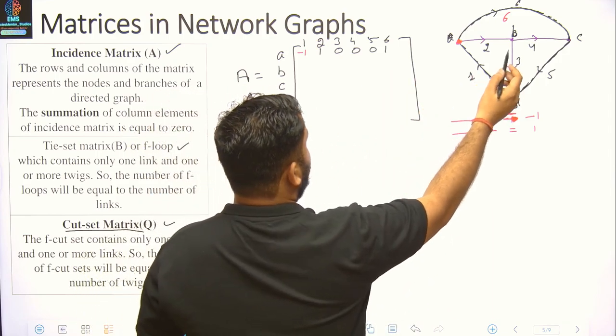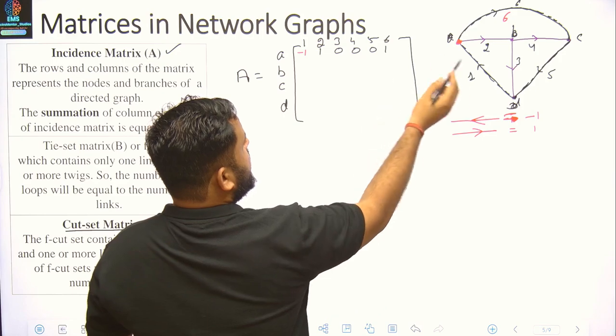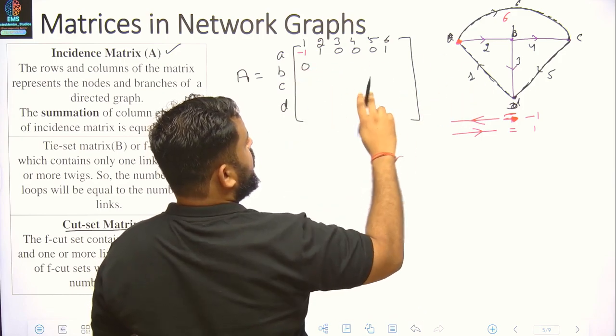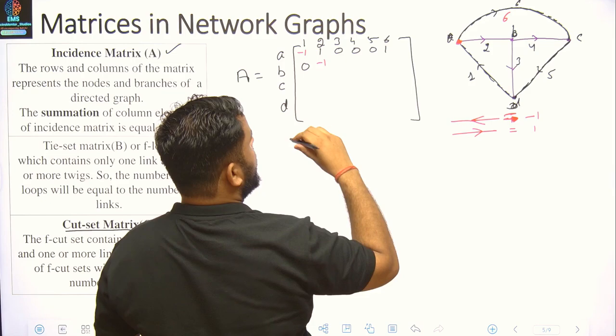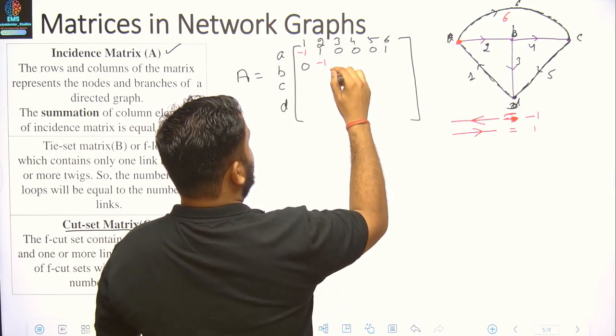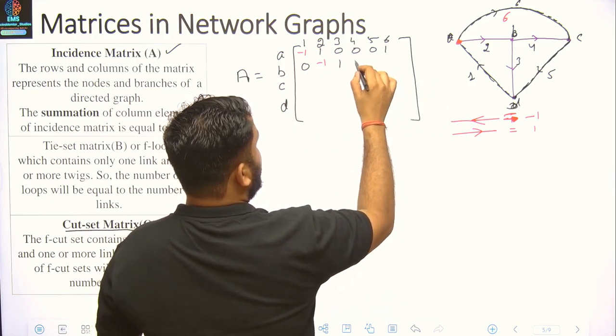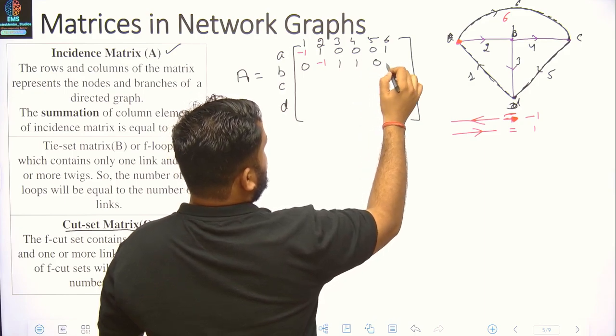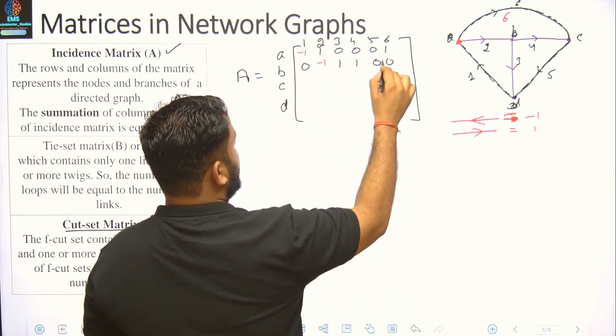At node B, 1 is not connected, 2 is an incoming branch, 3 is an outgoing branch, 4 is an outgoing branch, 5 is not connected, 6 is not connected.